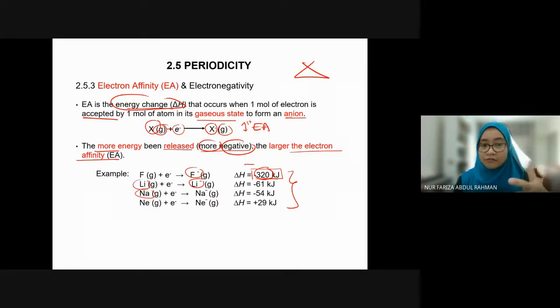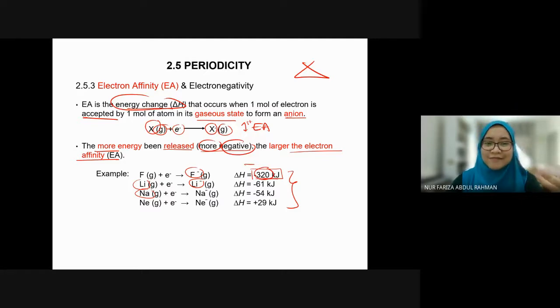Okay, so instead of doing that, just accept one more electron and then fluorine will become like noble gas. Okay, so that explains why fluorine has higher EA compared to lithium.